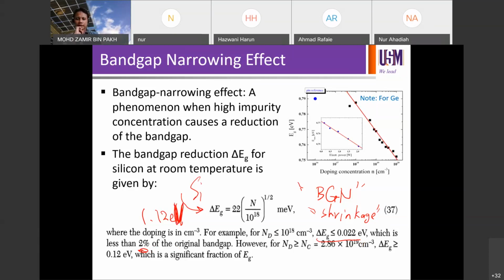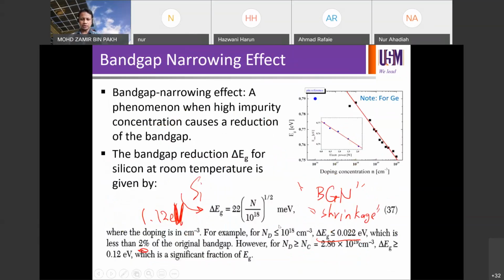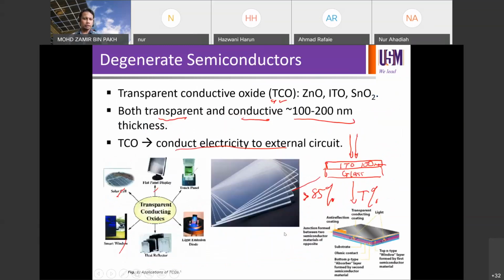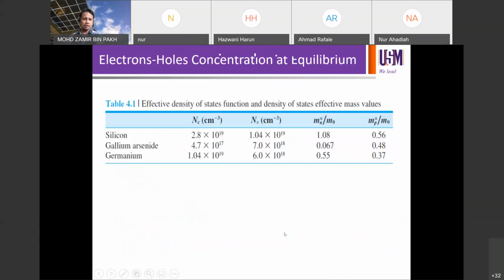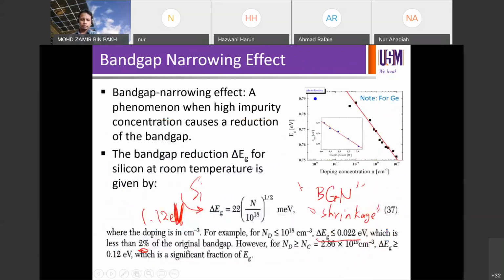However, for ND more than NC, remember last time, in the last few pages you've seen that your NC was 2.8 times 10^19, right? NC here is 2.8. If your N now is more than NC, so when the doping is more than your effective density of states in the conduction band for N-type, your delta EG will be more than 0.12 eV.